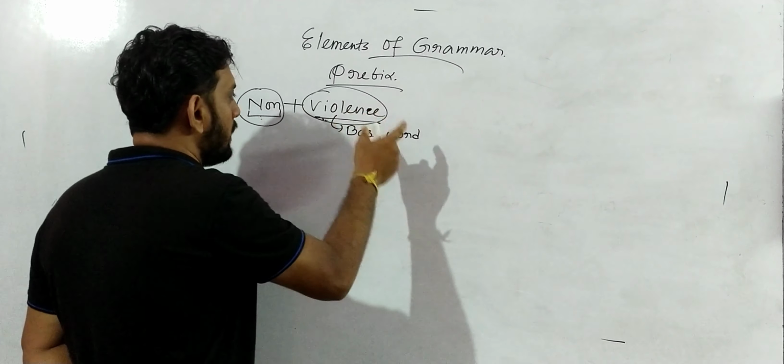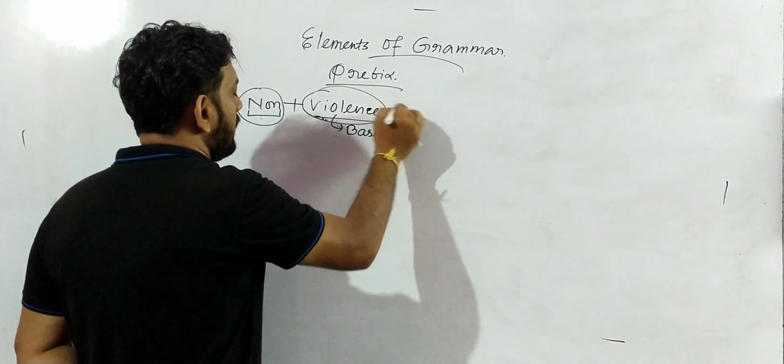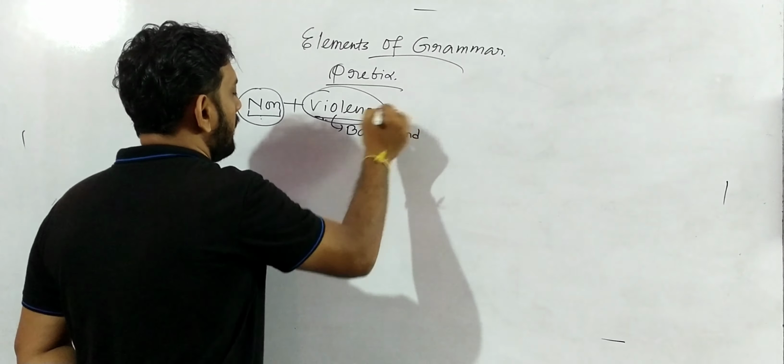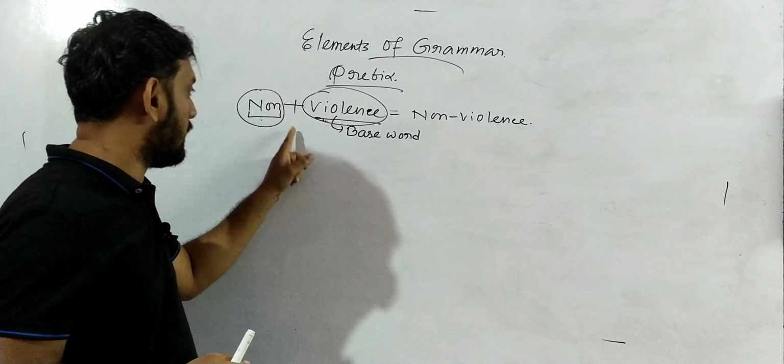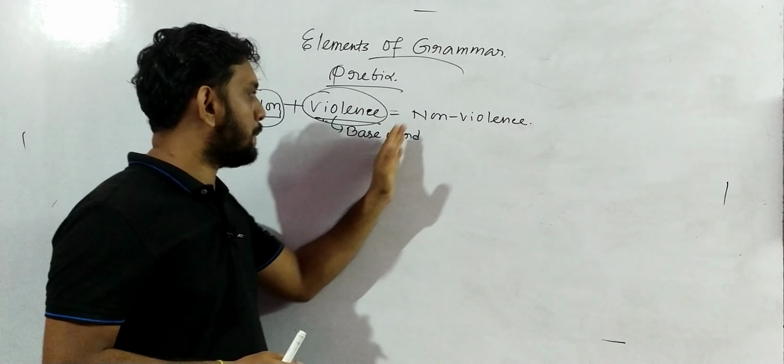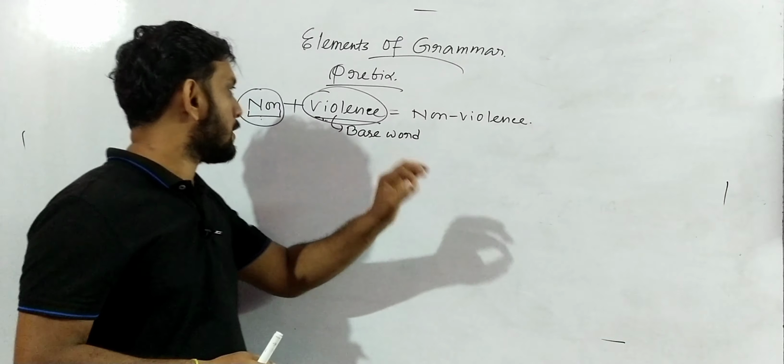So a new word will be formed here, and it will be non-violence. Okay, violence was the base word, and we have added non before the base word, and it has become non-violence. Yes or no?